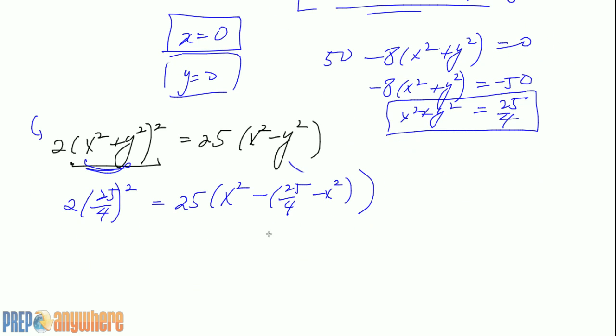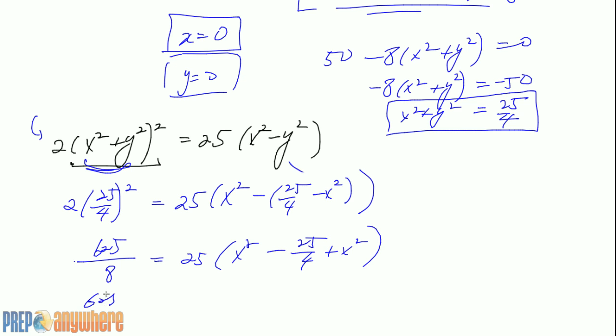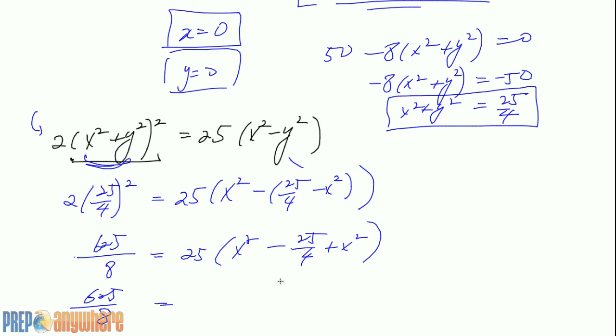Let's solve for x. We get 25 squared, which is 625 over 16, so it's going to be over 8 when reduced with 2. Actually, let me expand inside first. You get x squared, so you get 25 times 2x squared.